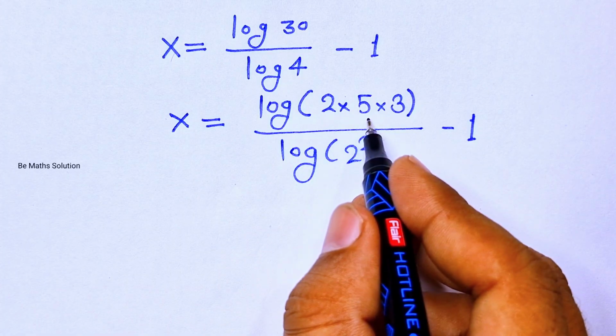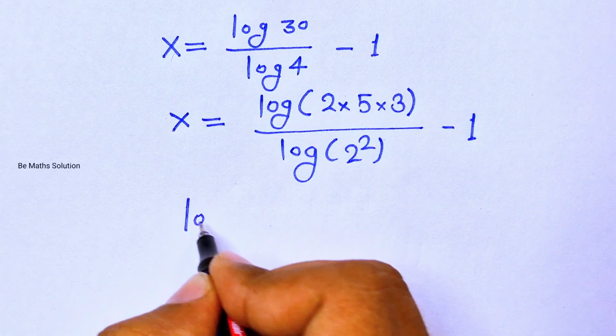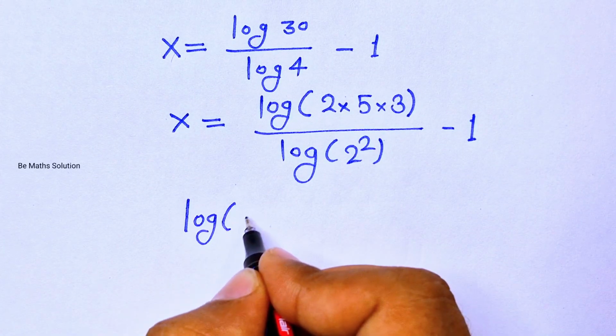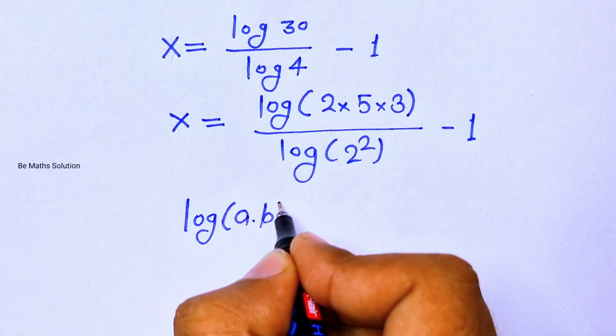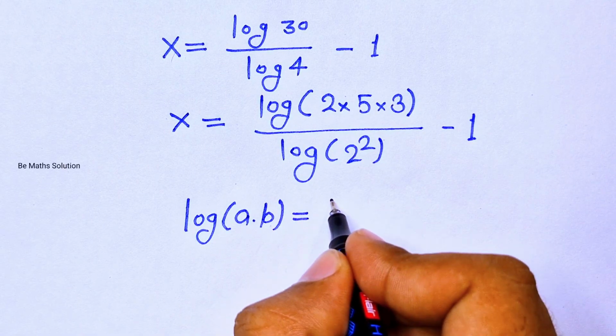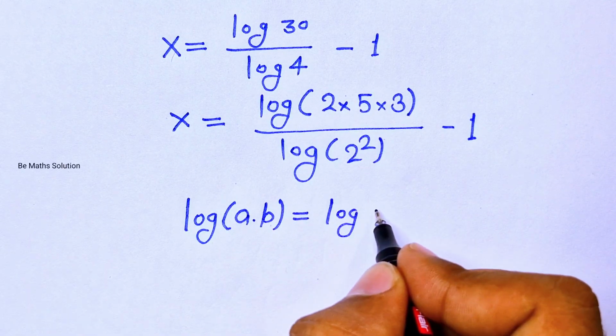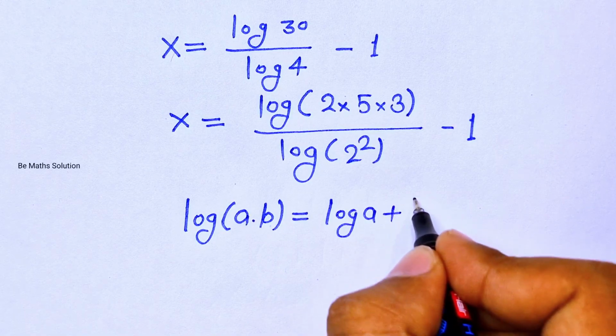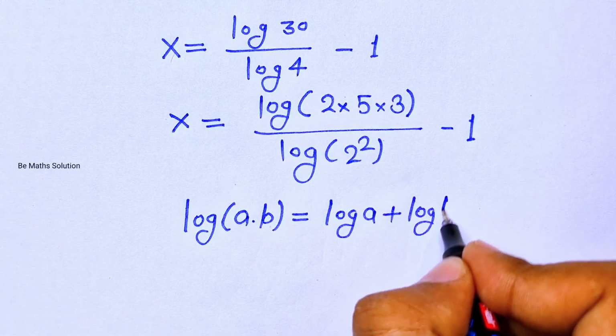So this part here we know that log of a times b, in brackets, is equal to log of a plus log of b.